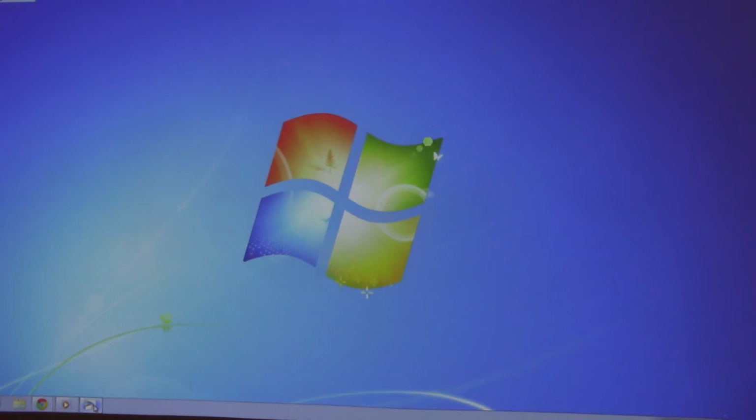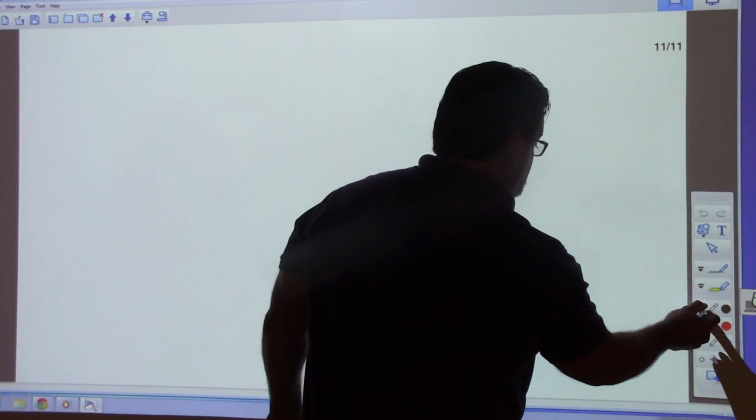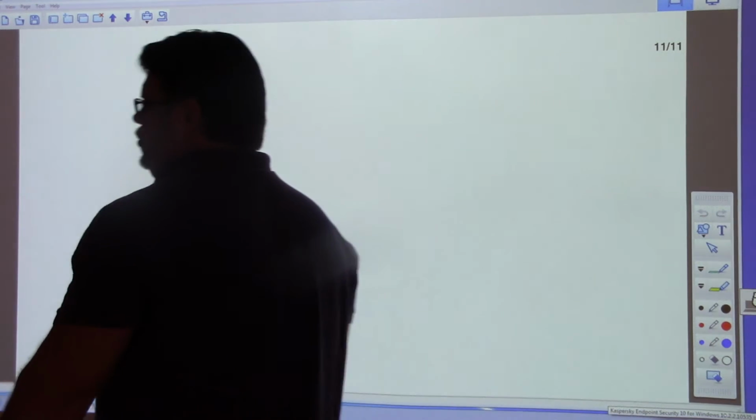Now, let's talk about rationalization of denominators. Why do we do rationalization of denominators? You do not want radicals in the denominator.